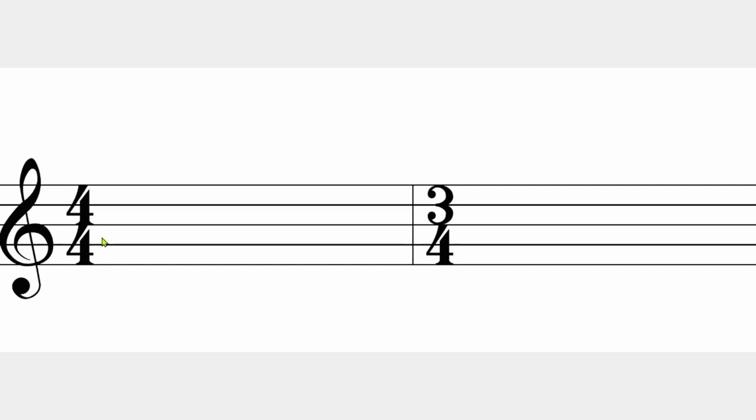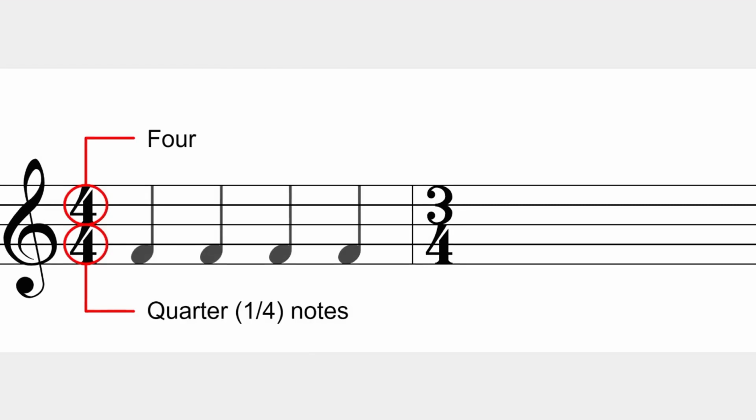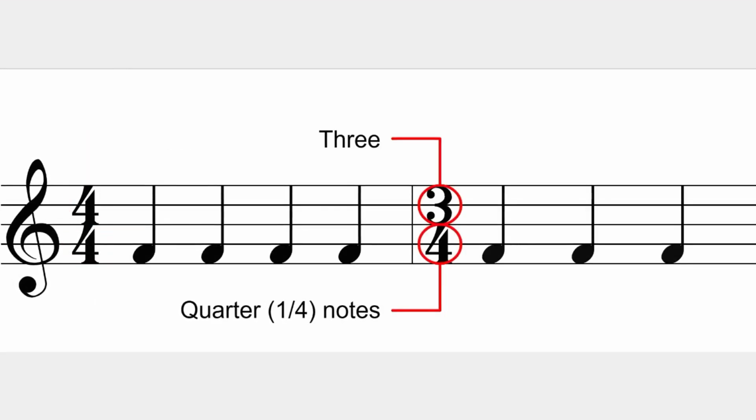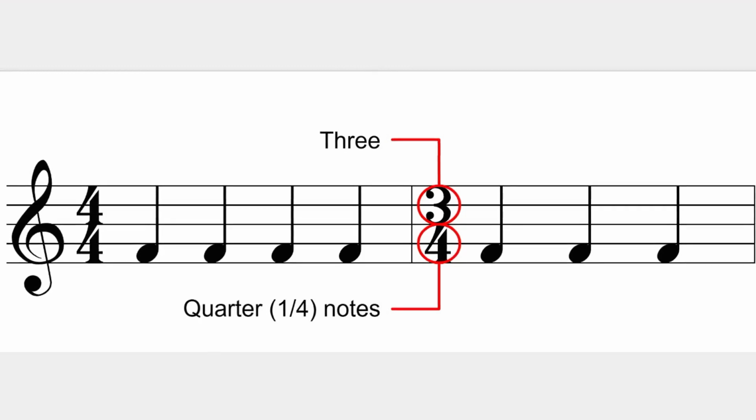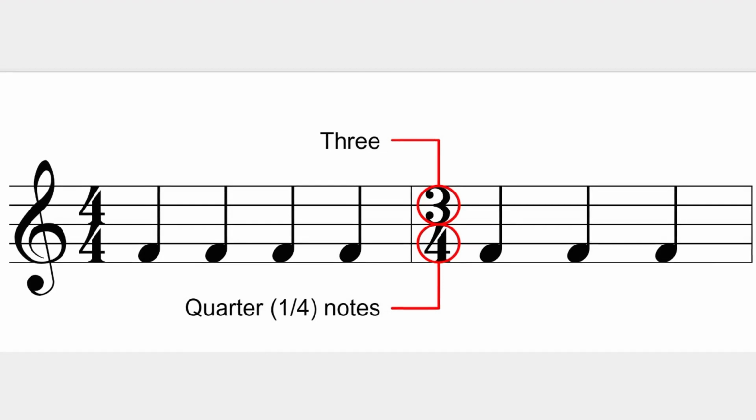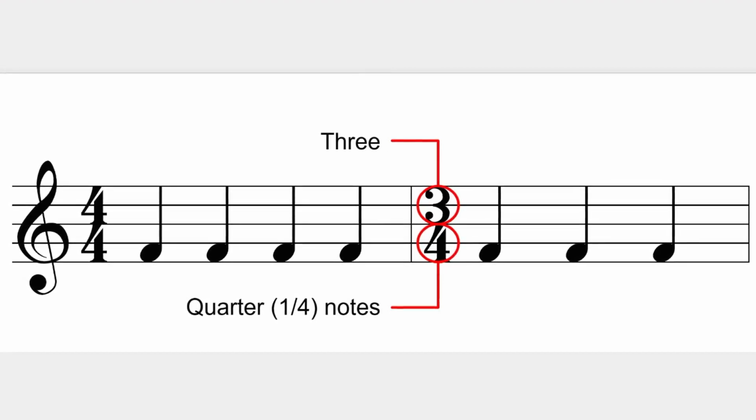Now, what does that mean? The first measure, by having 4/4, contains four quarter notes. The second measure has three quarter notes. The quarter note gets a count. We'll also mention non-quarter-note time signatures, like 6/8 right here.